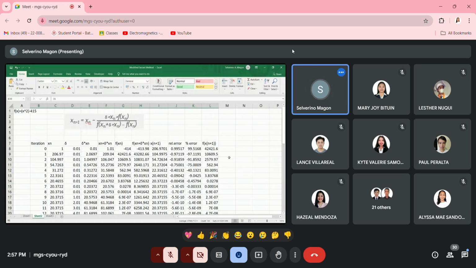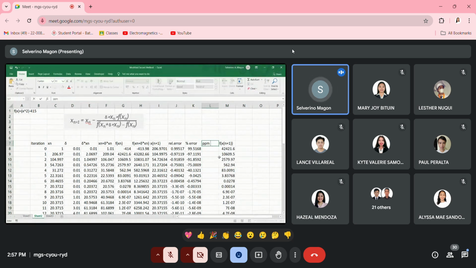Right, so for the ppm error, we'll just multiply the relative error here by 1 million. 6 zeros, no? So yeah.